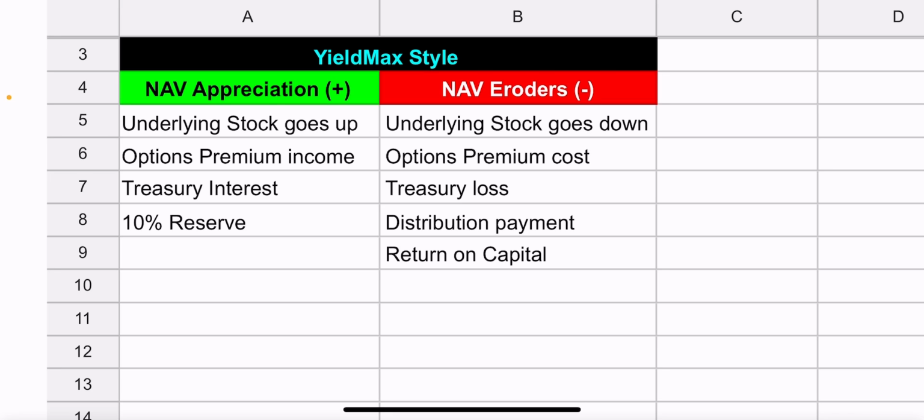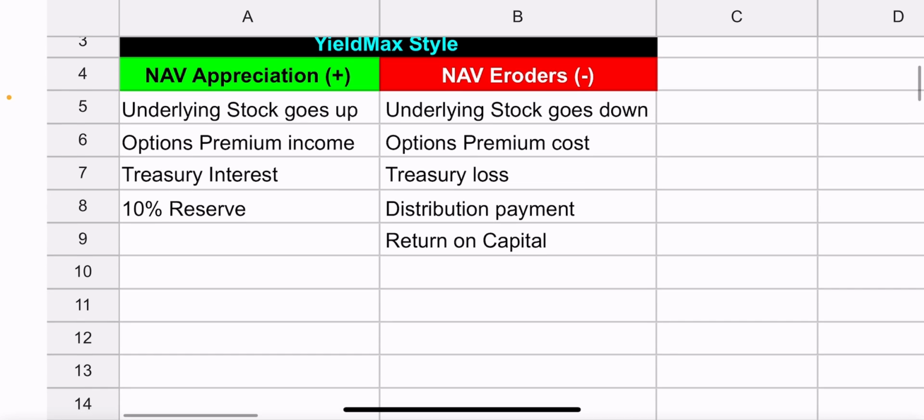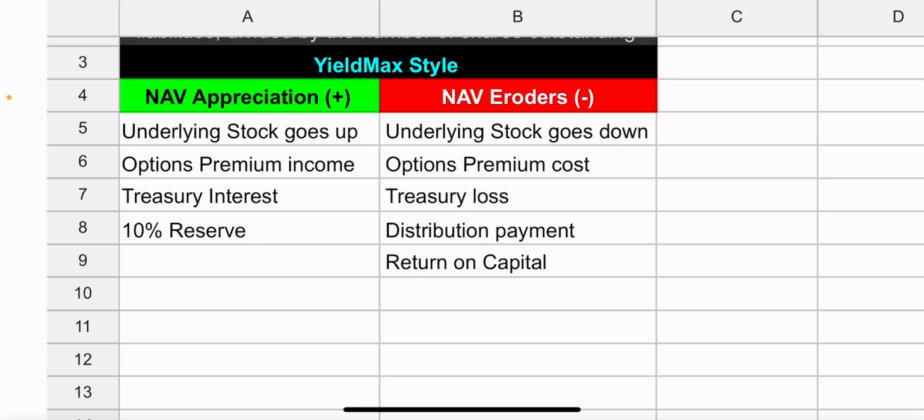Another eroder is options premium cost, right? When we sell calls, they make the synthetic position and then they sell calls, right? When they sell calls and they do well, in most cases they won't have to buy out, or the buyout would be minimal. But like a week like this, for example, if you guys are watching this currently, we have a 217.50 strike, and Tesla, it's Monday, it's already at 223, right?